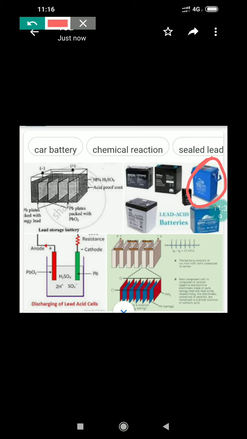Hence, to overcome these limitations of the two cells, the other cell, a dry cell that can be recharged, is the NiCad cell.